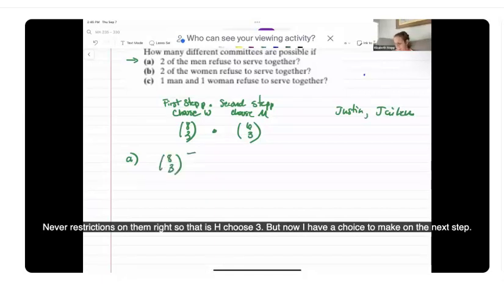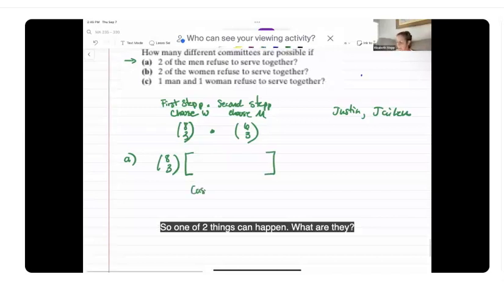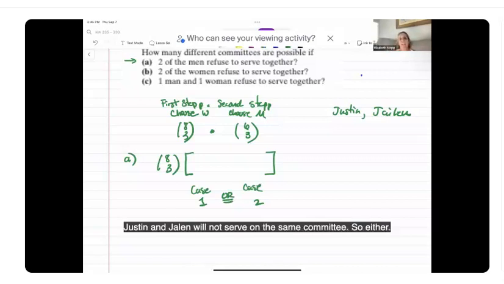But now I have a choice to make on the next step. So one of 2 things can happen. What are they? Justin and Jalen will not serve on the same committee. So either, really, you can think of it as 3 things happening.